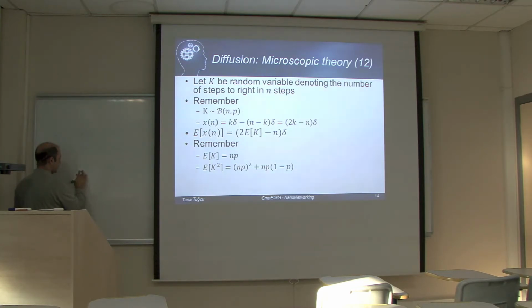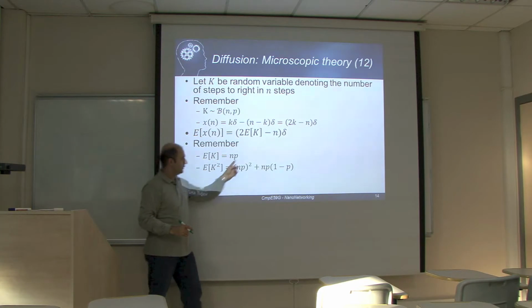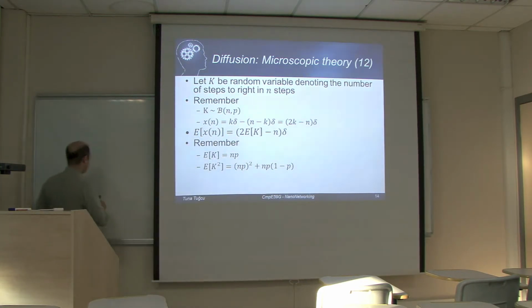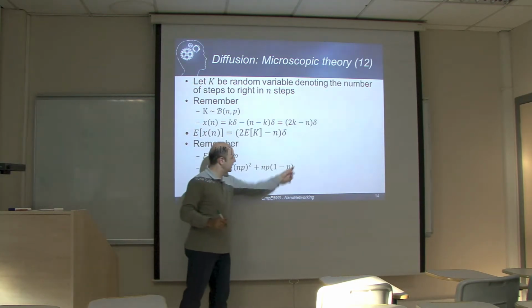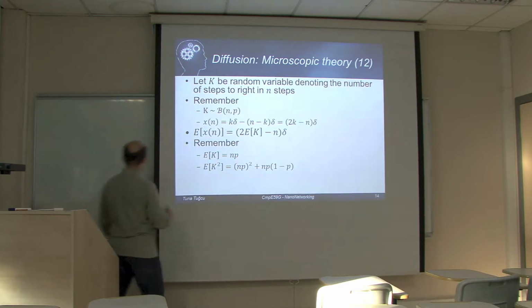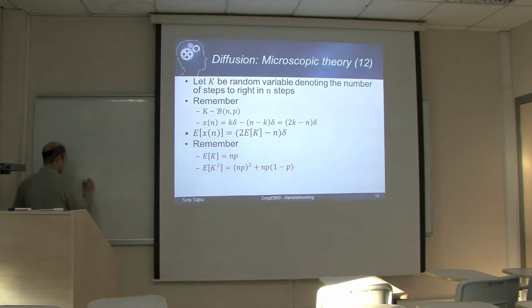Let me write this explicitly. This is 4 times this thing, 4 times (np squared plus np times 1 minus p). Let me meanwhile open up this parentheses. 4np minus 4np plus 4np squared, sorry.